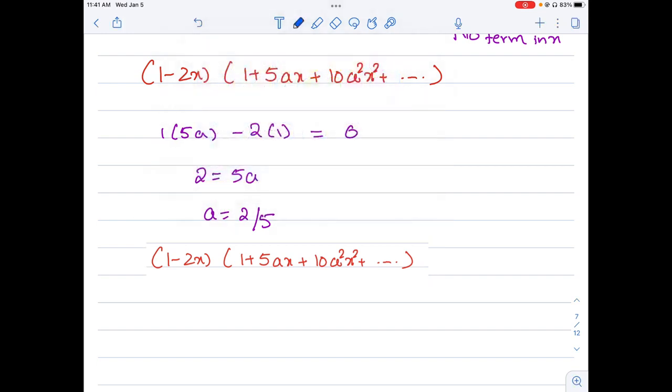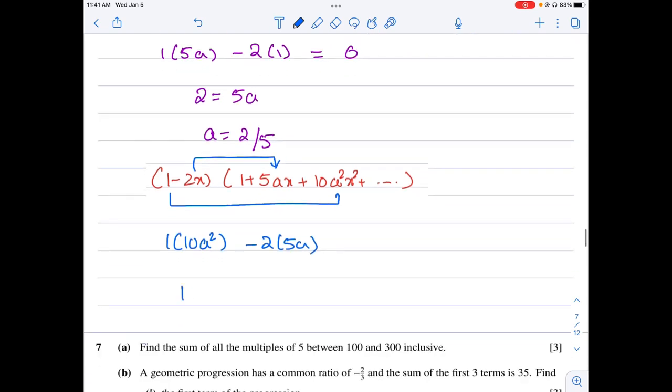How can I get x²? 1 is multiplied with 10a², and −2 is multiplied with 5a. But a is 2/5, so 10 times (2/5)² minus 2 times 5 times 2/5.